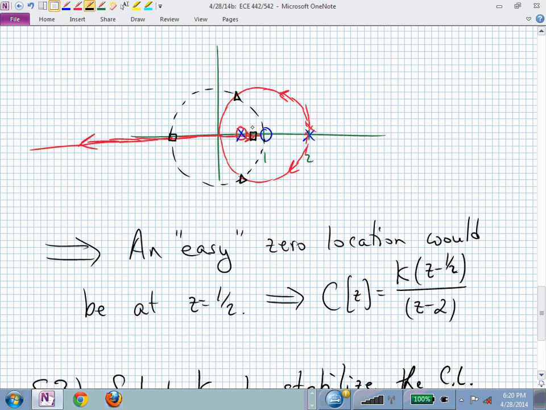So the gain to get us to the triangle is less because we only have 2, and then they come back together at the origin because of our radius being exactly 1, and then they split off. One goes to the 0 at 1, and the other one zips off to minus infinity.